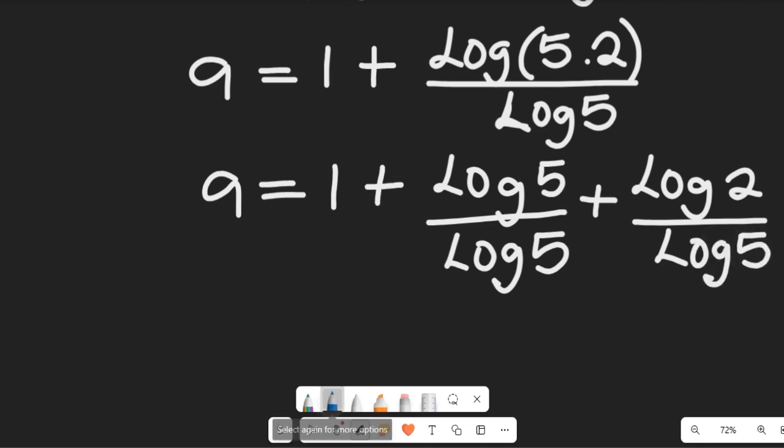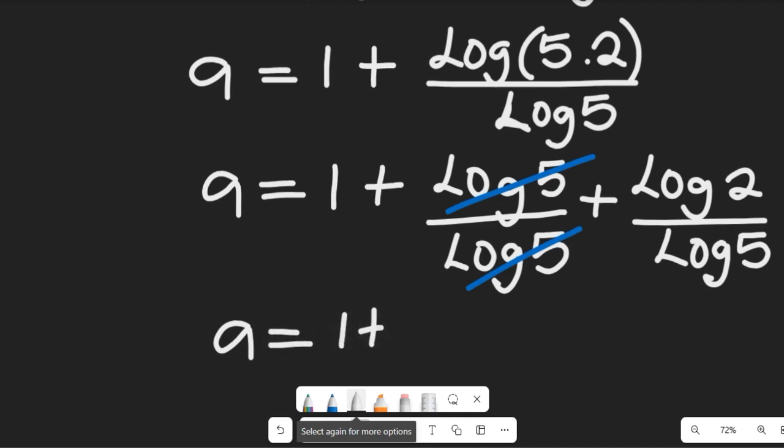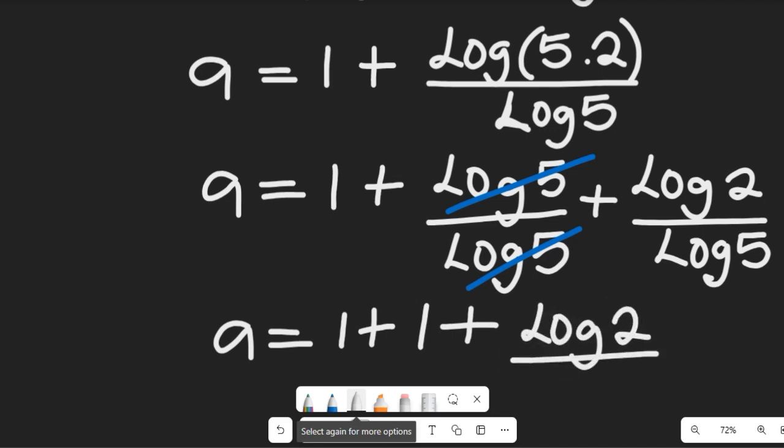Now at this point, log of 5 will cancel out log of 5, and those two will give us 1. So we'll have our a to be equal to 1 plus 1 plus log of 2 divided by the log of 5.